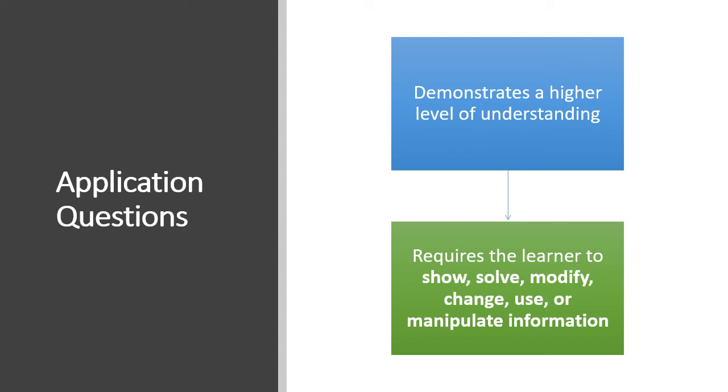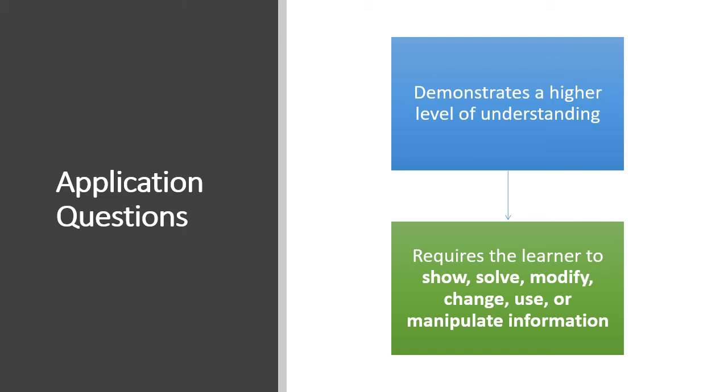The other type of question we have told you to anticipate is an application type question. These demonstrate a higher level of understanding. They require the learner to show, solve, modify, change, use, or manipulate information. To answer application questions, you must apply concepts you have learned previously to concrete situations.